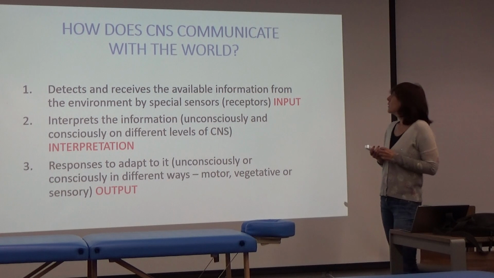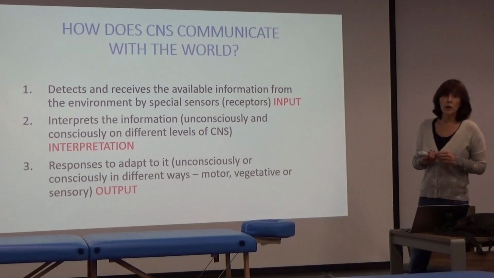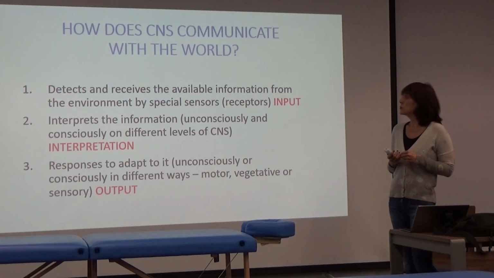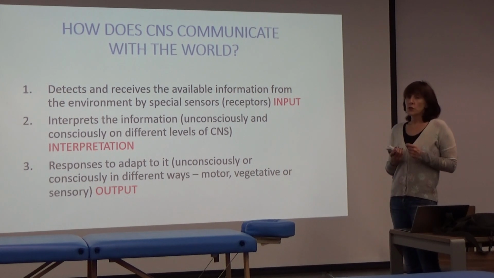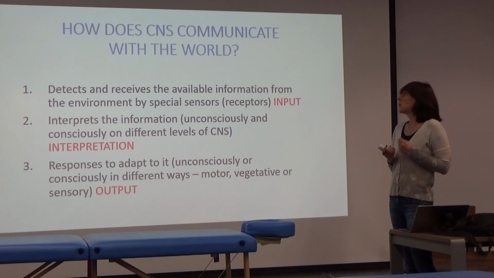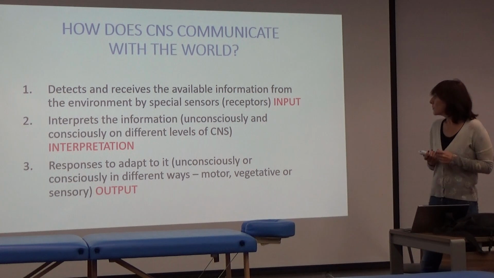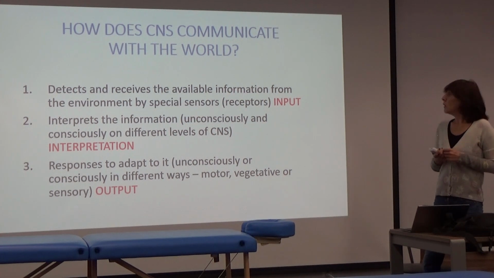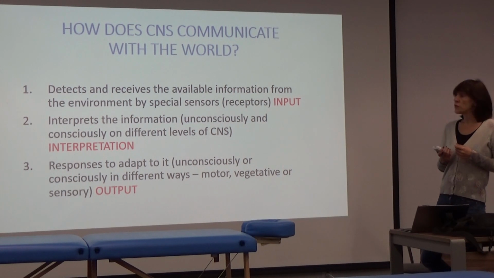So how does it happen, and how does the central nervous system deal with information? First, it detects and receives any valuable information from the environment by special sensors. Those special sensors are called receptors, and we call it input.